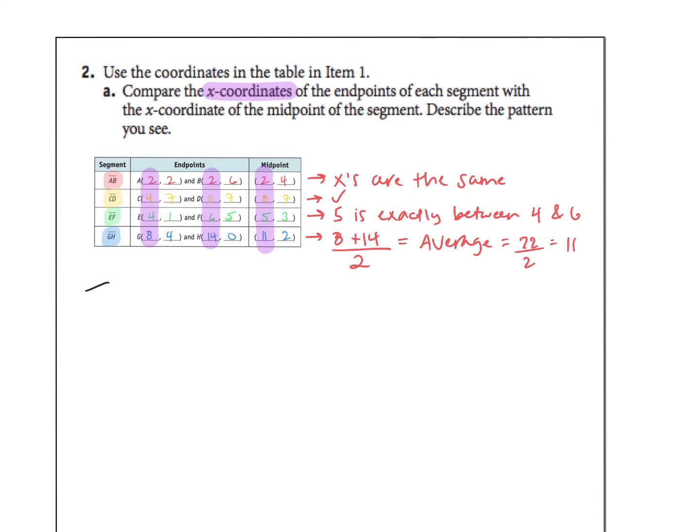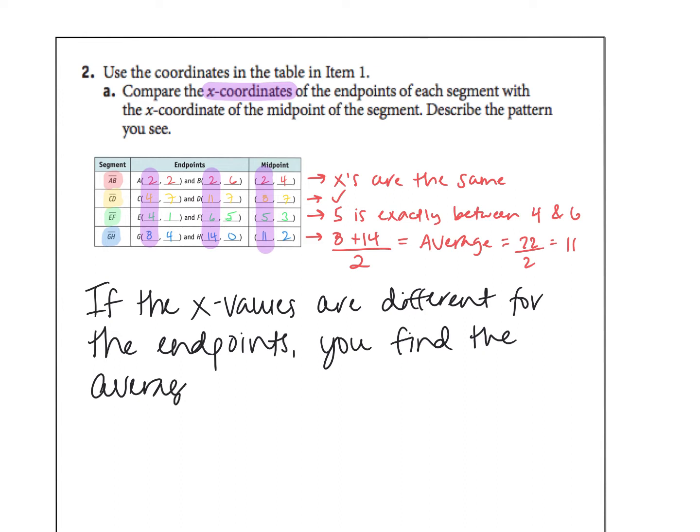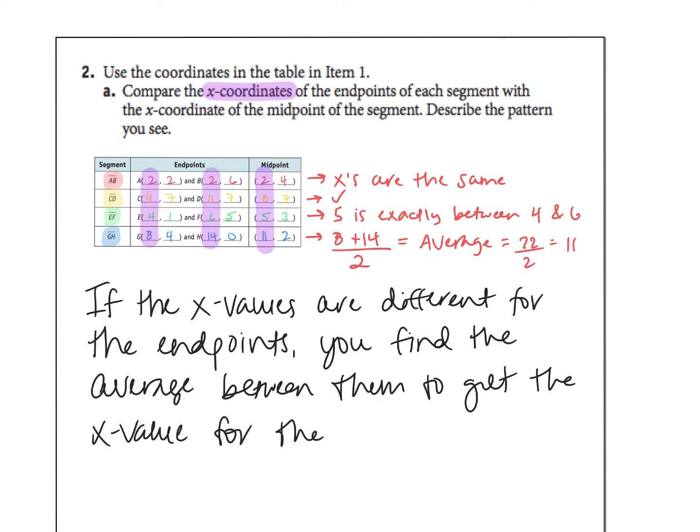So we're going to say if the x values are different for the endpoints, you find the average between them to get the x value for the midpoint. Awesome.